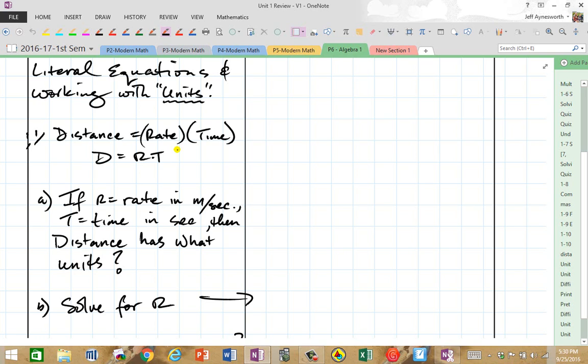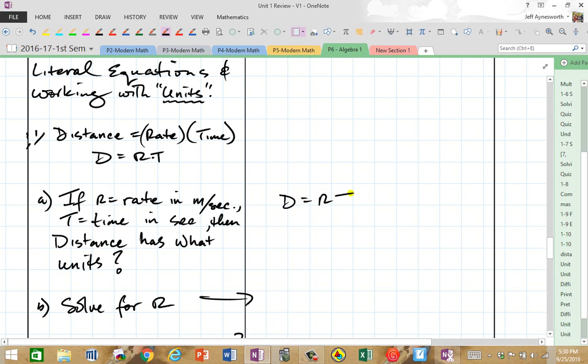In this case, let's read it. If rate equals meters per second, where r equals rate, and rate is speed, and t equals time in seconds, then distance has what units? Let's figure this out. Let's take distance and substitute in r times t.